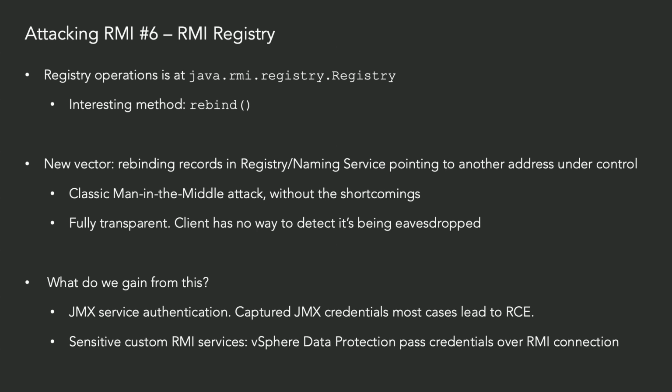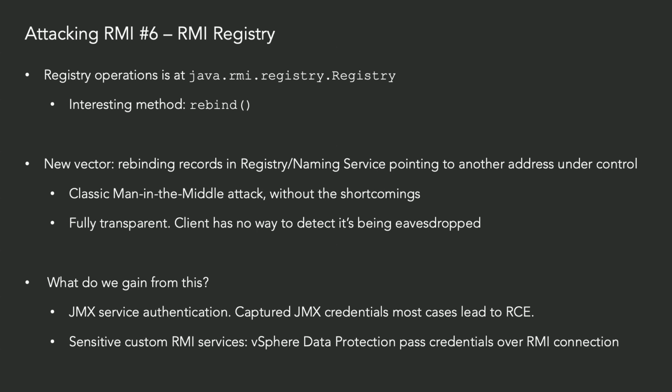So this is a new attack vector. It can allow us to man in the middle between the client and the server without any LAN factor. You don't have to approach the client or anything like that.